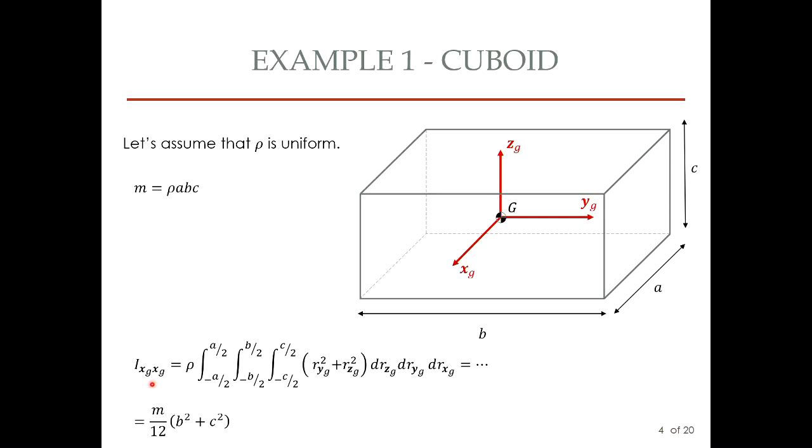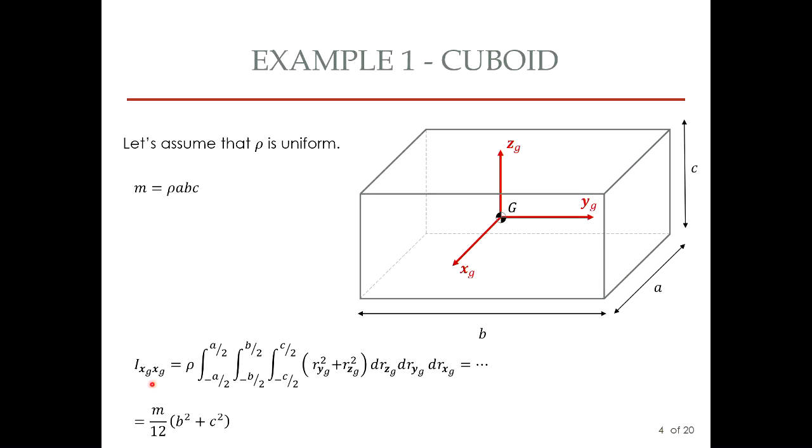Now frame G, the green frame G, sorry, here it's red, I chose myself in a convenient manner. These axes are normal to the faces of this cuboid. Why? You will see that it will make the inertia tensor diagonal.